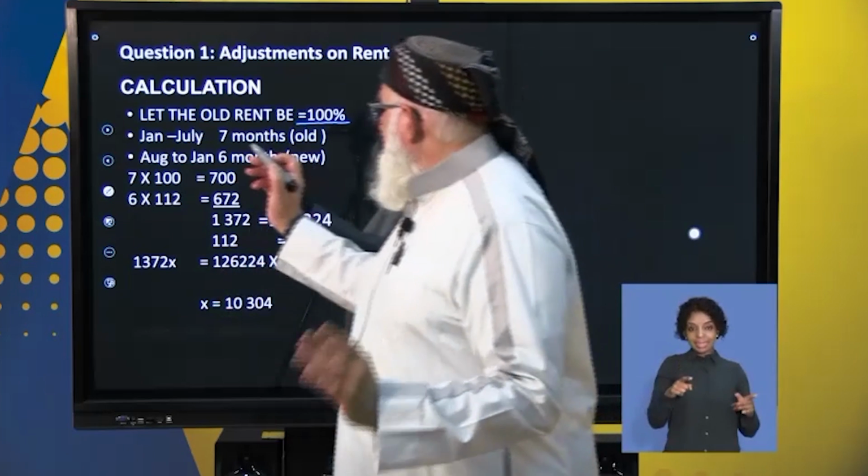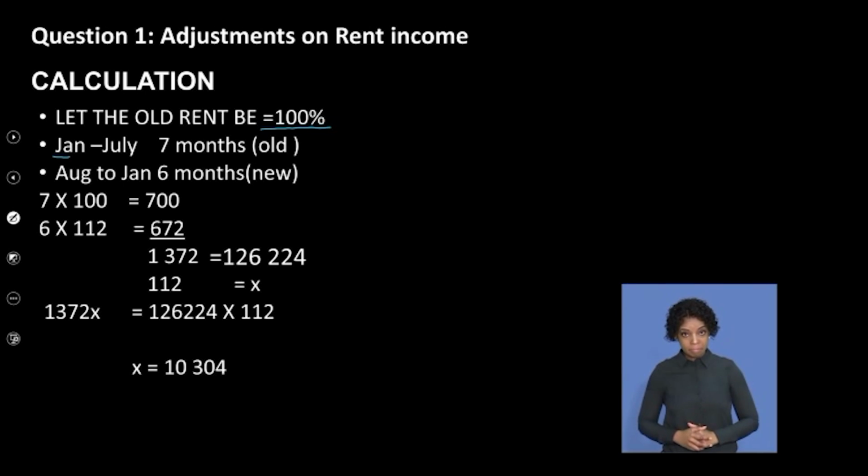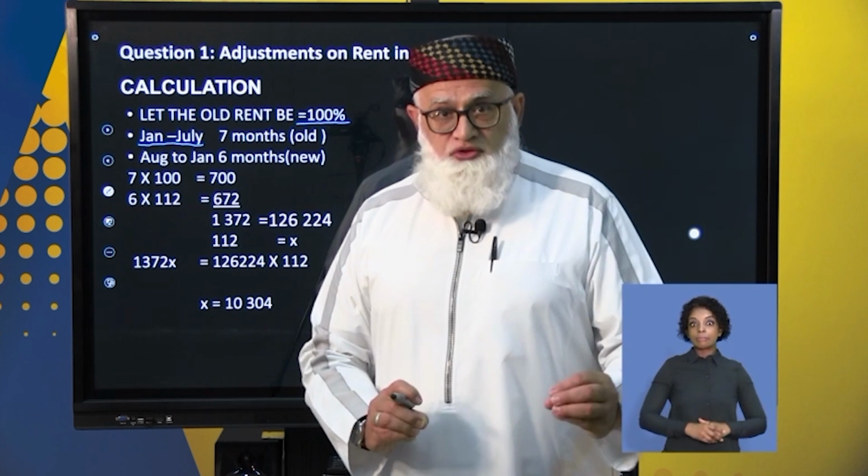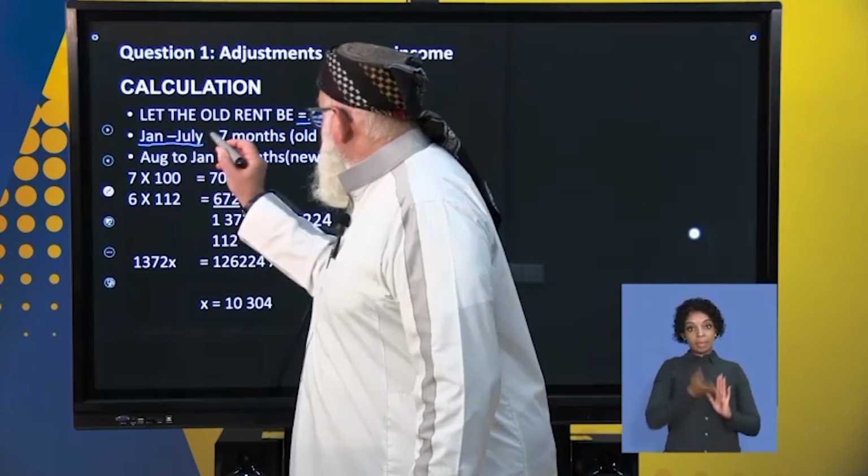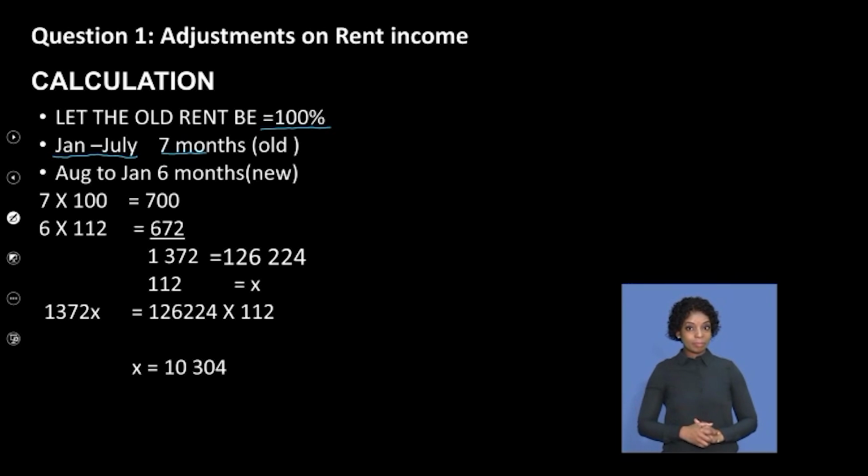Okay? That's your financial year. So now, you tell yourself, right, from January to July, that is when your rental was at 100%. Remember, the increase took place on the 1st of August. So therefore, January to July will give you 7 months. In other words, for 7 months, your rental was at the old rental.